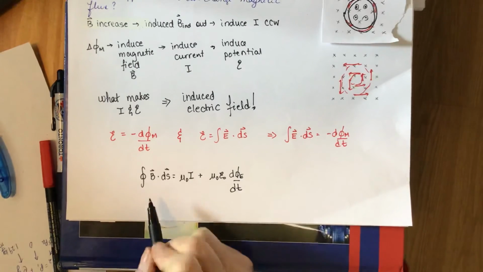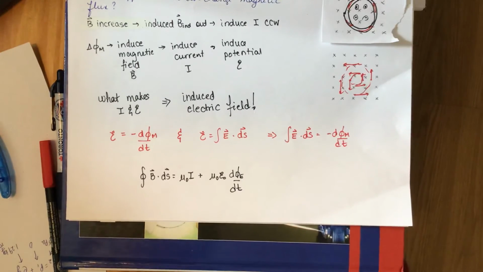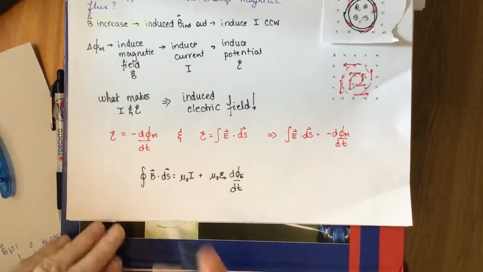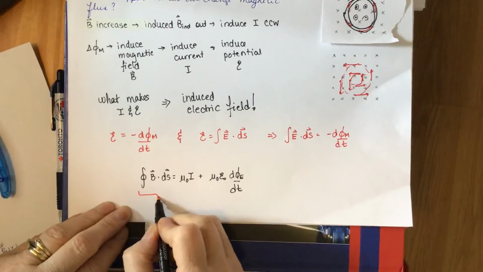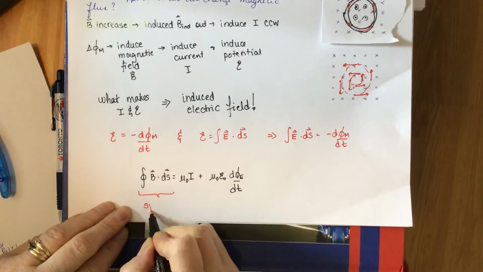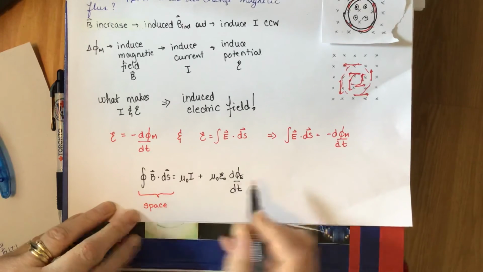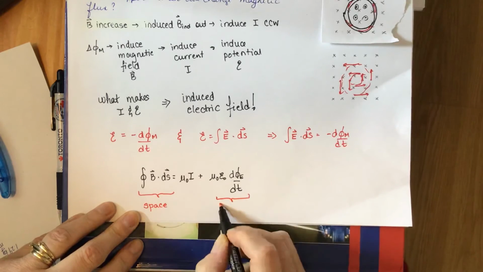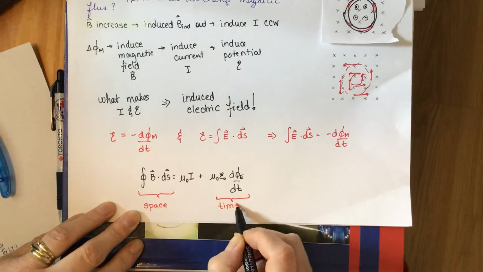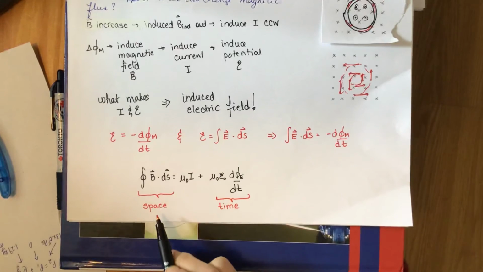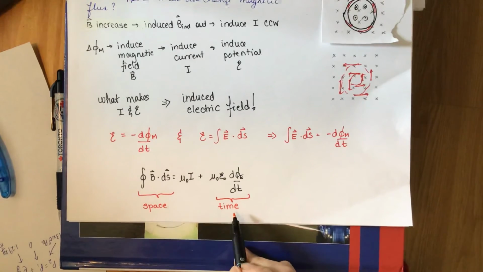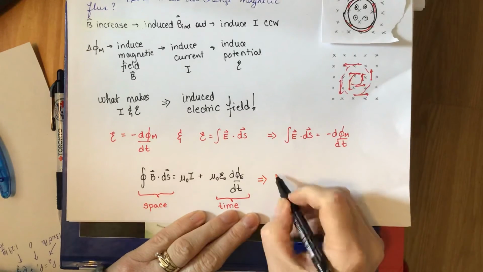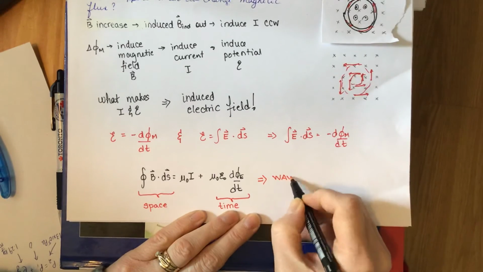What you see about Maxwell's equations here is that the spatial change in B was related to the time change in electric field. So we get something happening in space related to something happening in time. Well, those kind of equations are called wave equations.